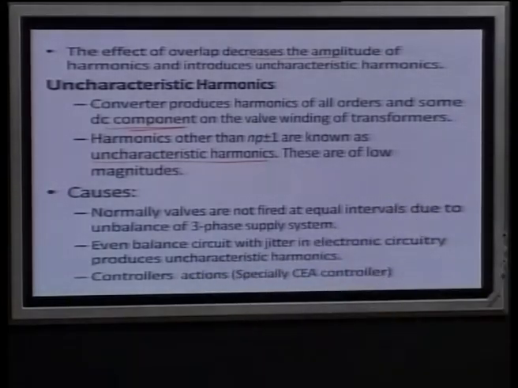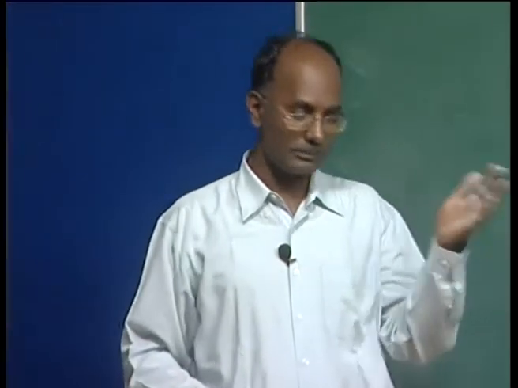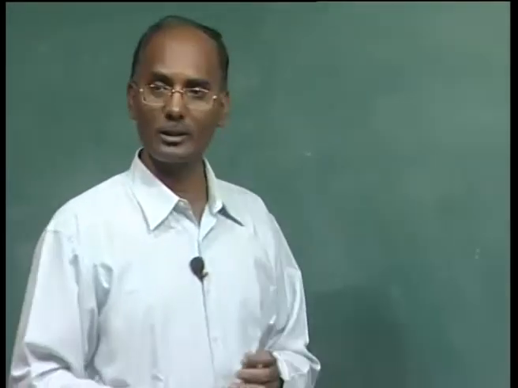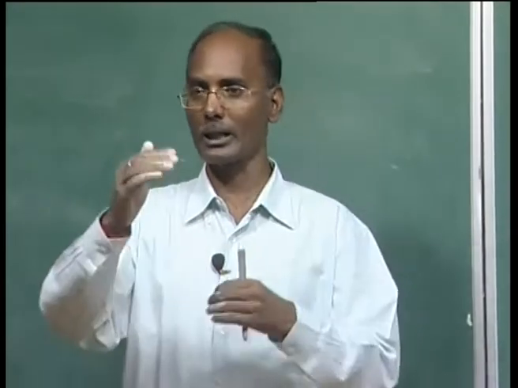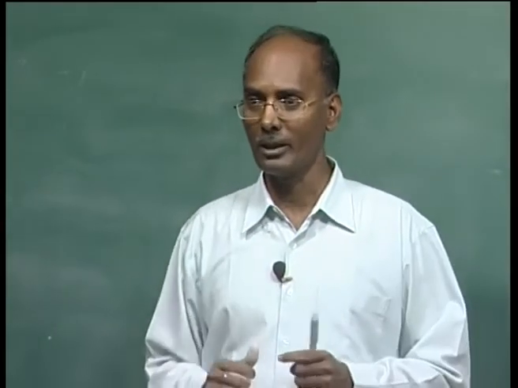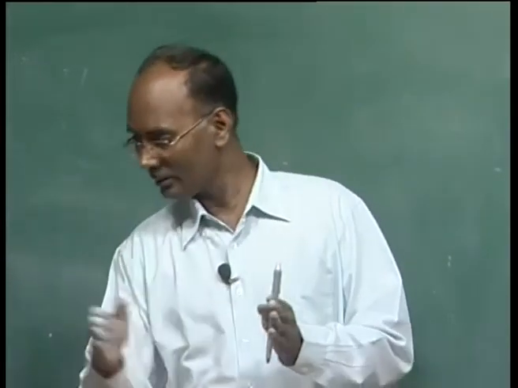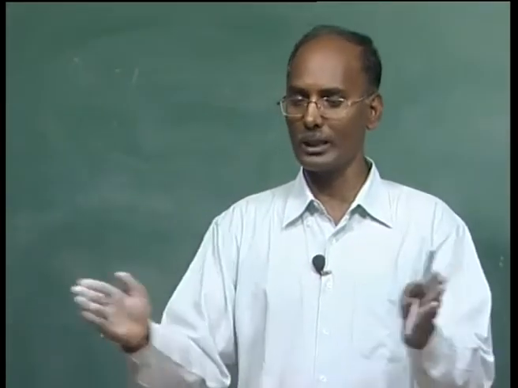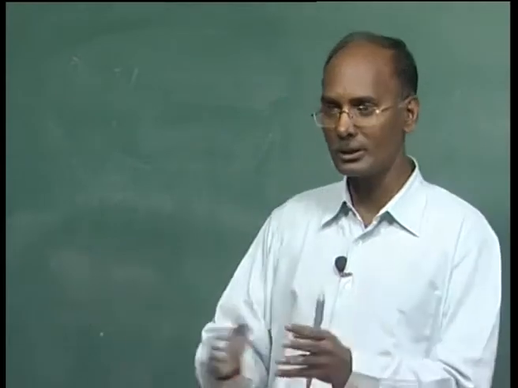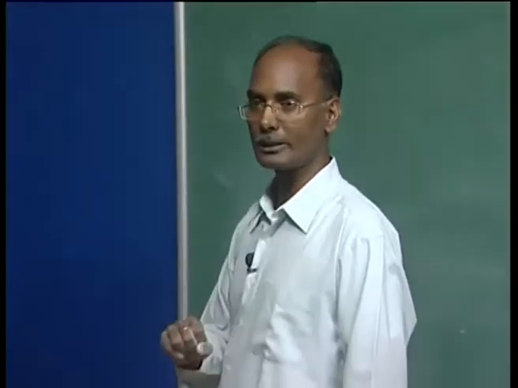Here, the control actions, I discussed about the HVDC controllers. The controllers basically see the current magnitude shifting here and there, then the firing angle of the coming valve is changed, and due to this change we again introduce harmonics.